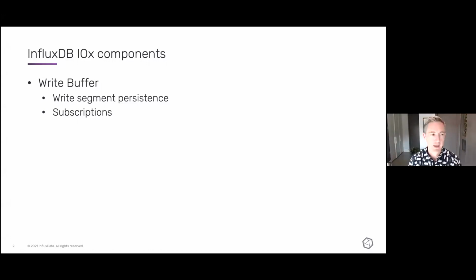It's kind of like that, but a little bit different. But basically, it's just a place where we buffer writes in memory and offload them in basically segments of writes as they came in to object storage. And the WriteBuffer is also where you can hook up subscriptions. So subscribers can pull down a stream of that data or a subset of that stream of data.